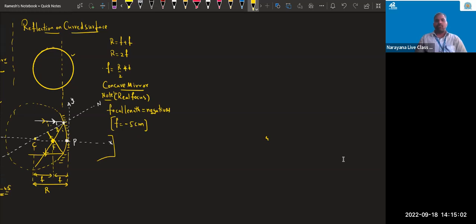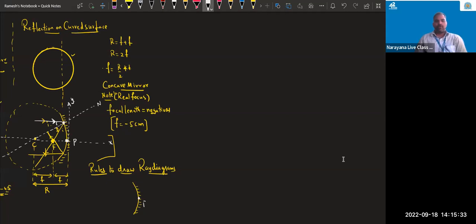Understood? Now let me introduce some ray diagrams, some rules to draw ray diagrams. This is any concave mirror. How many major points?